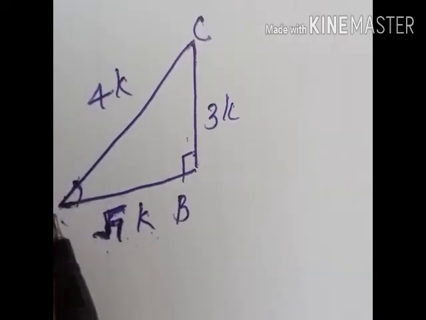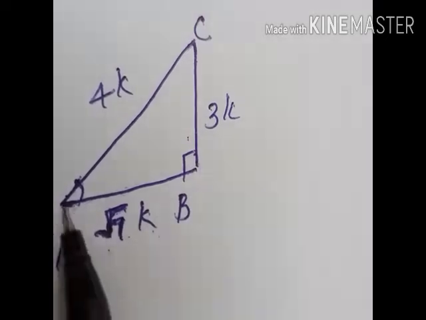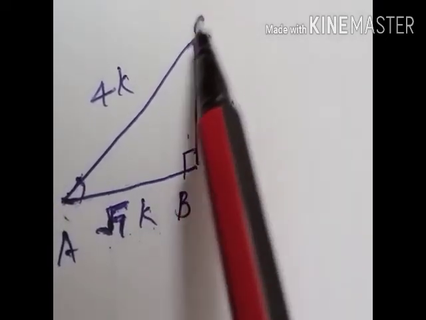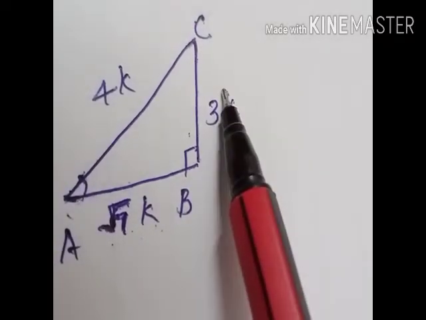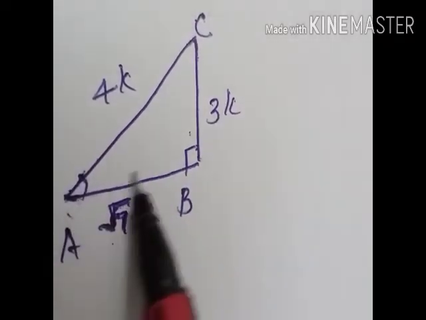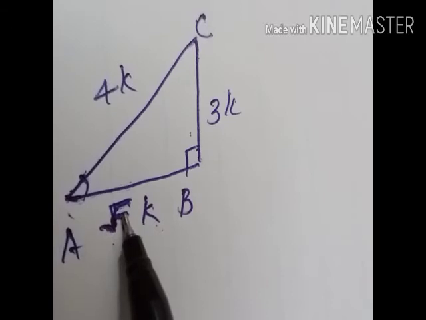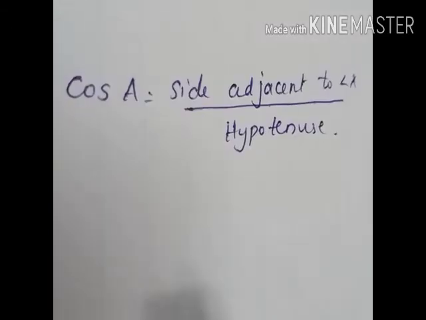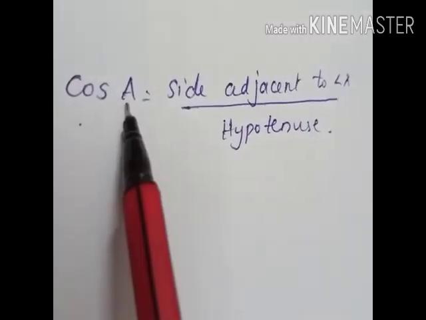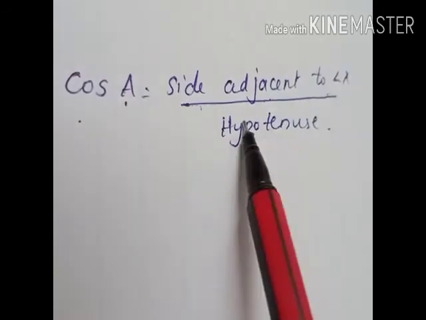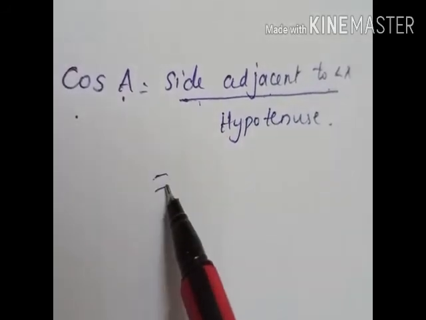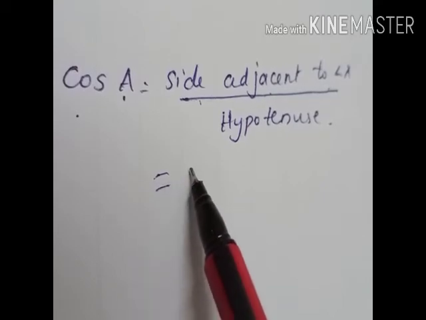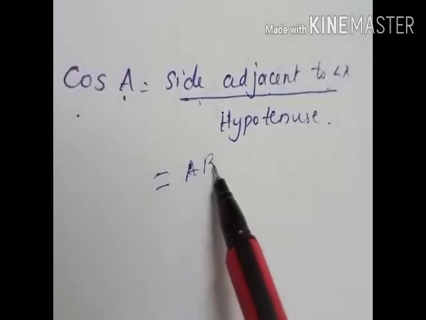Cos A means side adjacent to angle A by hypotenuse. And tan A is side opposite to angle A by side adjacent to angle A. So first we can find cos A, side adjacent to angle A by hypotenuse. Side adjacent to angle A we get from the figure as AB.